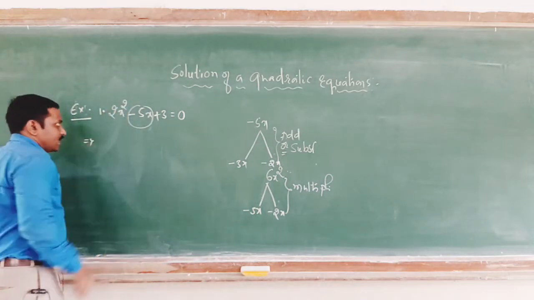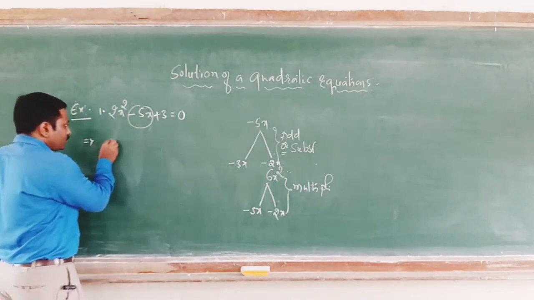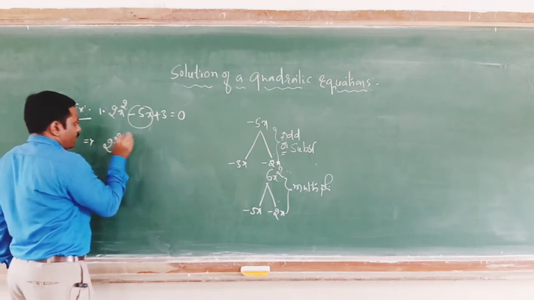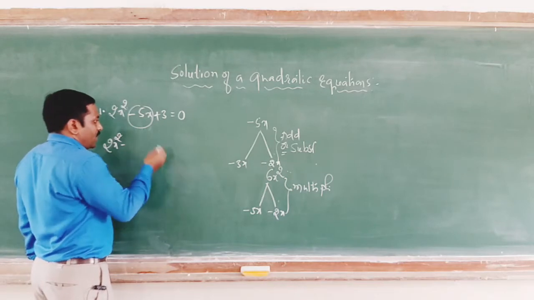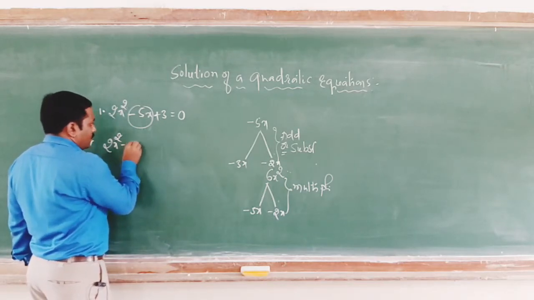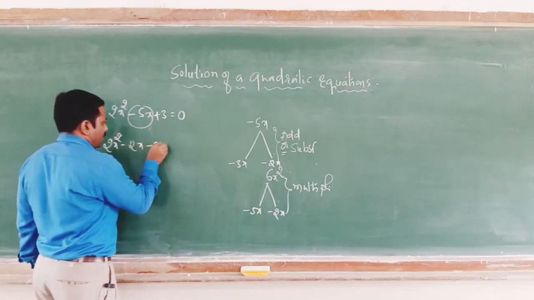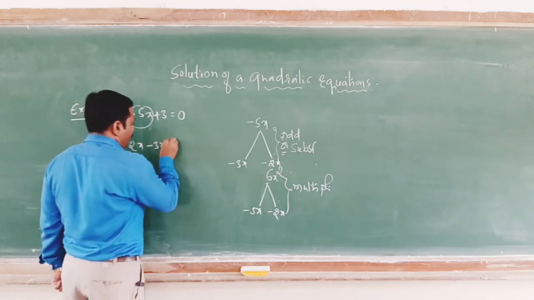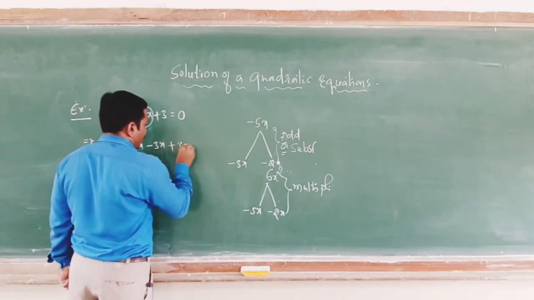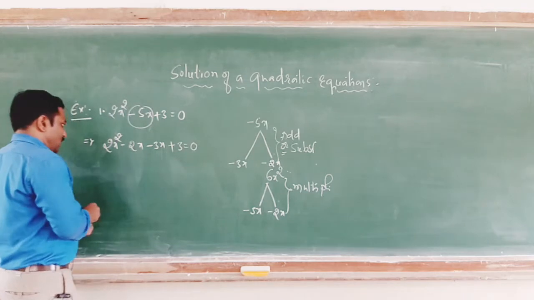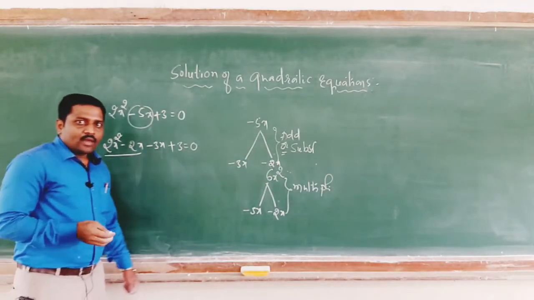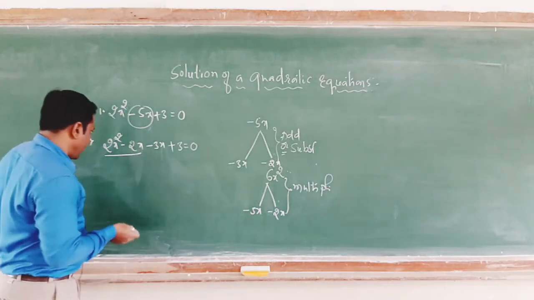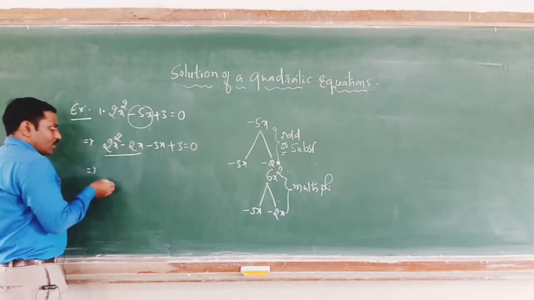So this can be written as 2x square minus 3x minus 2x plus 3 is equal to 0. From the first two terms, taking 2x common, the remaining terms inside the bracket are x minus 1.